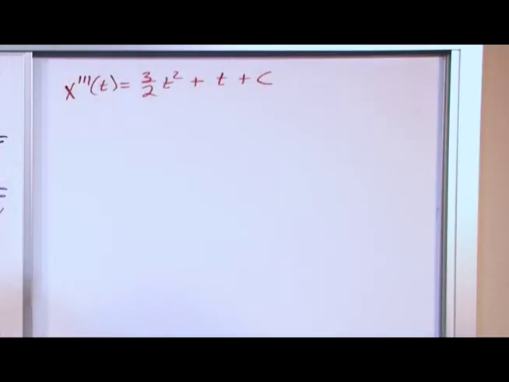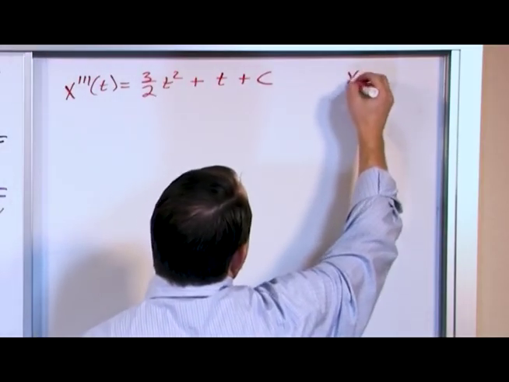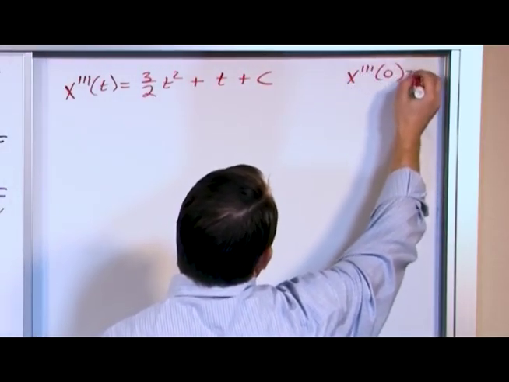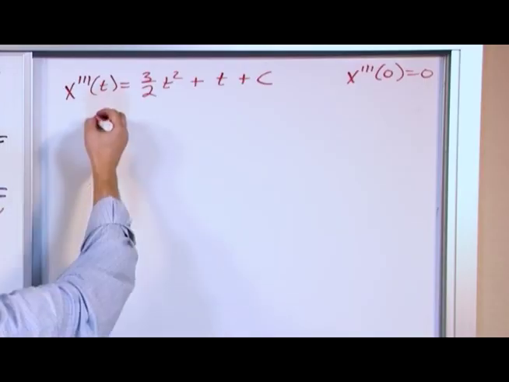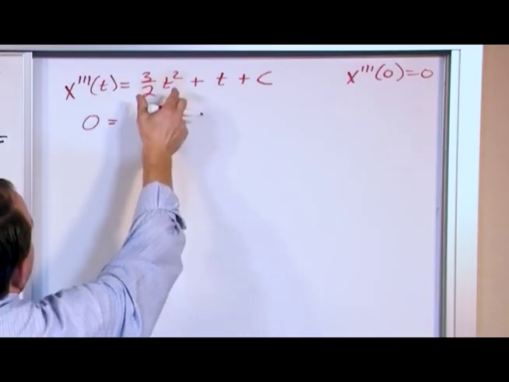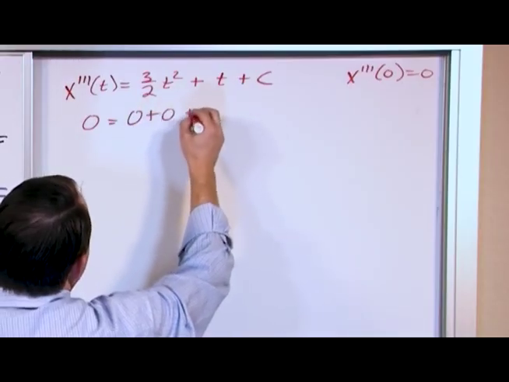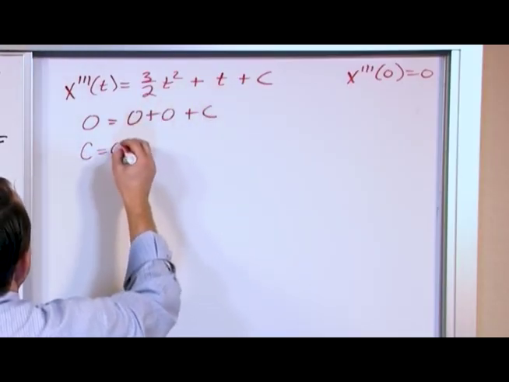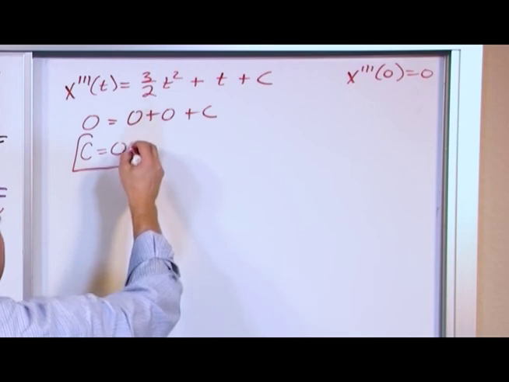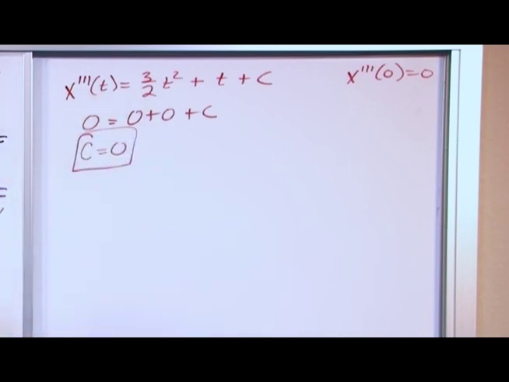This is the third derivative. And what we're trying to evaluate here is x triple prime of 0 is equal to 0. So it's going to be 0 on the left-hand side. You plug in 0 here, you get 0 and 0. So you have 0 plus 0 plus c. So c is equal to 0. So that's one of our constants.